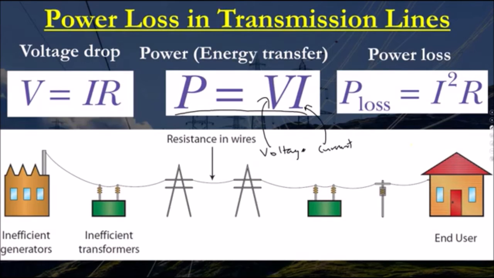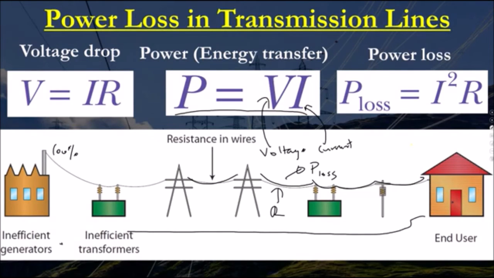What we also know is during the course of electricity being transported in these wires, there will be some kind of resistance in the wires. And due to this resistance, some power is going to be lost from the electricity, and so you won't get the complete 100% transformation of energy from the generator all the way to us. That will not happen because of some resistance in the wires.